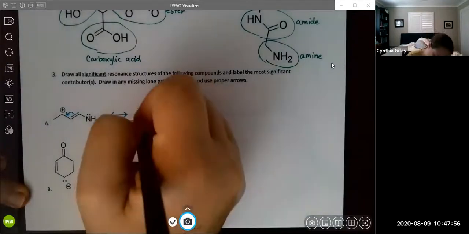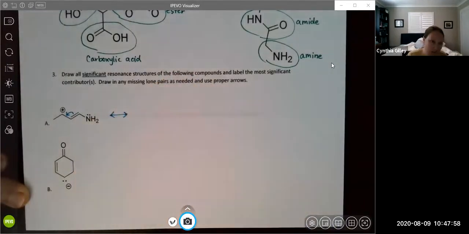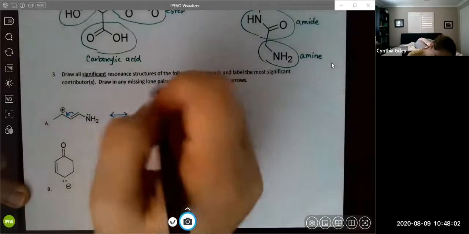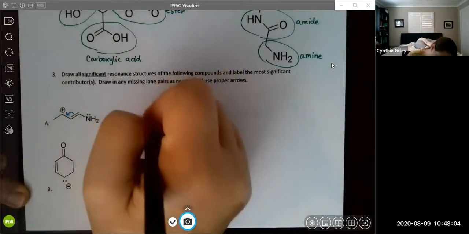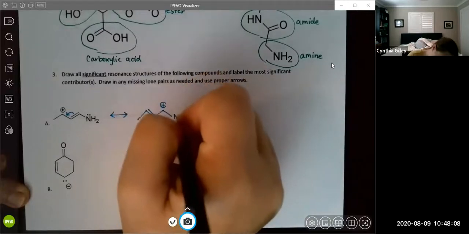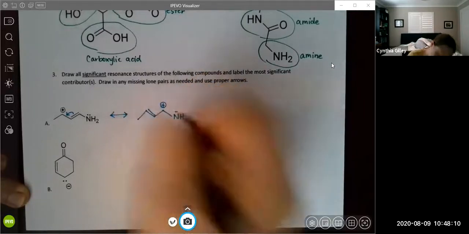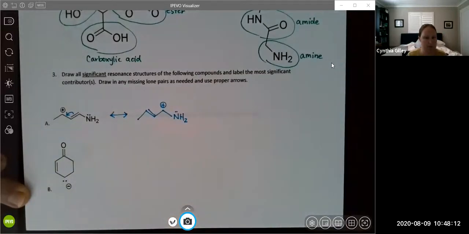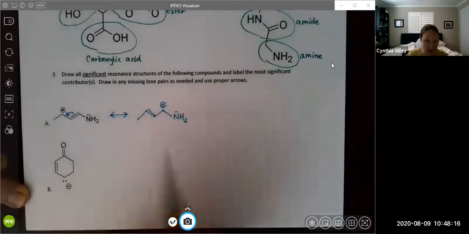That's super important to show that we're not drawing actual changes, just different resonance contributors. So draw the structure that you just formed with your arrow, which is moving the positive charge over here and the pi bond shifted over.